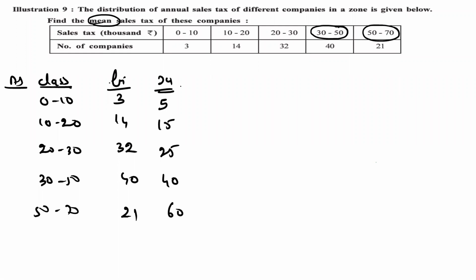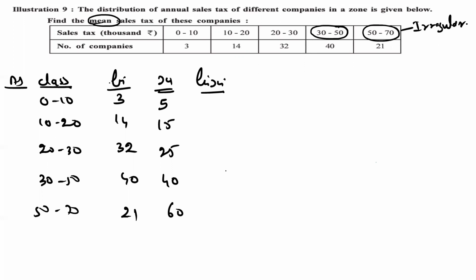Now, last time, if you remember, we have done with Di. Now we are going with FiXi. I think that is the best method, because the classes here are irregular. So we will go with FiXi.